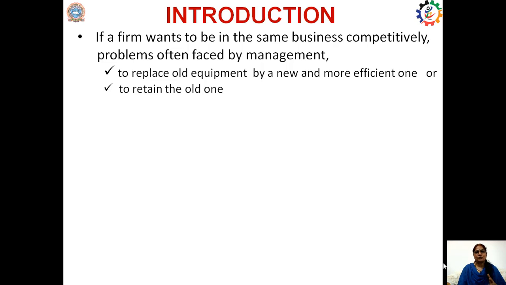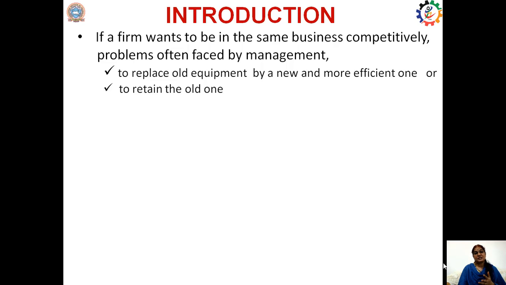The management would have purchased the equipment a few years ago, and today, due to continuous improvement in the market, a more sophisticated, still better machine with more features, easier to operate, is available. So a kind of dilemma will be there for the management whether to go for the new one, which is available at the same cost as the cost of the old one today. So which one to go for?